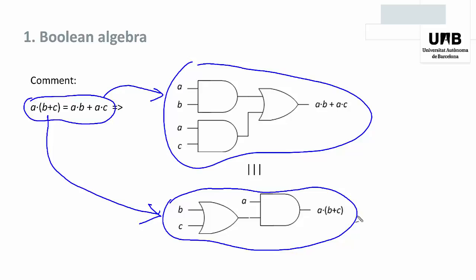And obviously, the second circuit is better than the other one, because it includes fewer logic gates. So there is a relation between all those properties and rules and the complexity, the cost of the corresponding circuits.